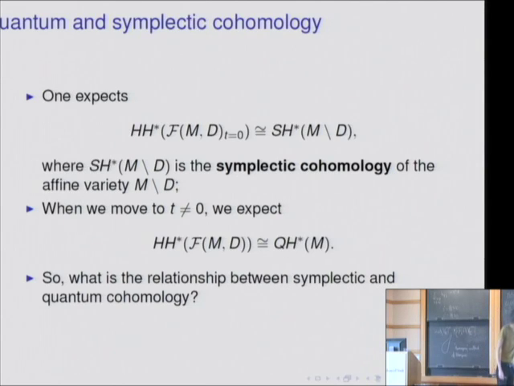But when we move to t not equal to 0, we get this Hochschild cohomology, this full thing, which we expect to be the quantum cohomology. This means we really expect there to be some relationship between symplectic and quantum cohomology, which should be the first step in this program I'm talking about. But this isn't understood at all. So I want to start by thinking about this during my time here. So I think that's it. Thank you.